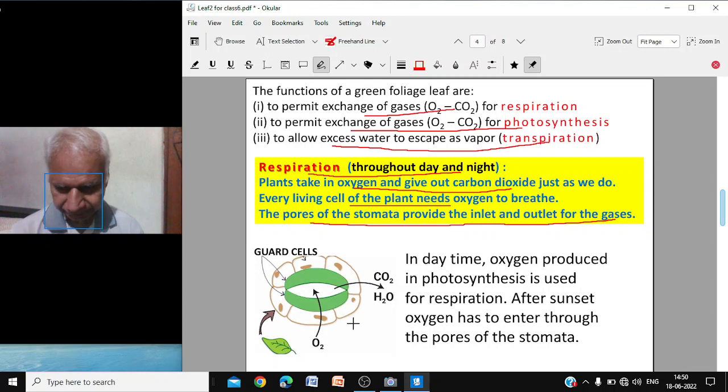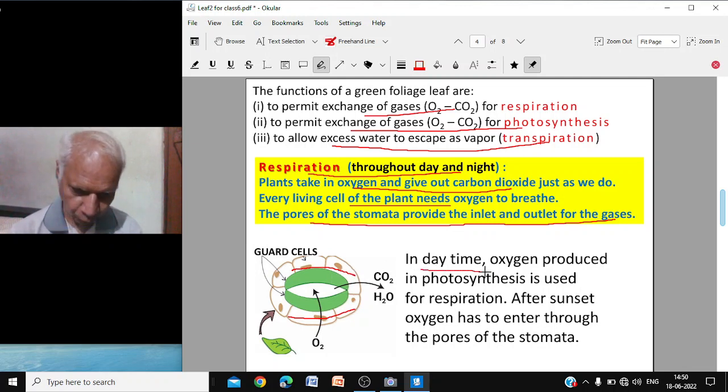You can see here a stoma and guard cells. These are the guard cells. The stoma is open and oxygen and carbon dioxide can come in and go out, and water vapor also can go out.